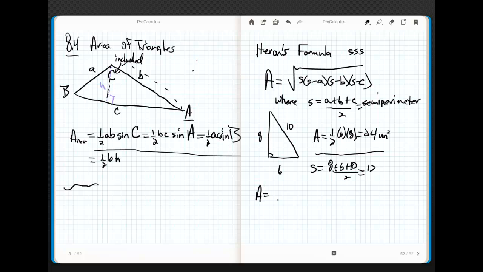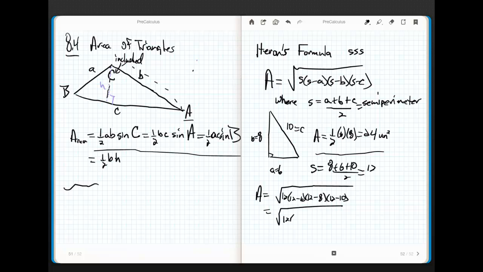According to Heron's, I'm going to end up with the square root of 12 times, let's call this A, B, and C, 12 minus 6 times 12 minus 8 times 12 minus 10. Remember, we already know what the area is. We're just taking this thing out for a test drive.